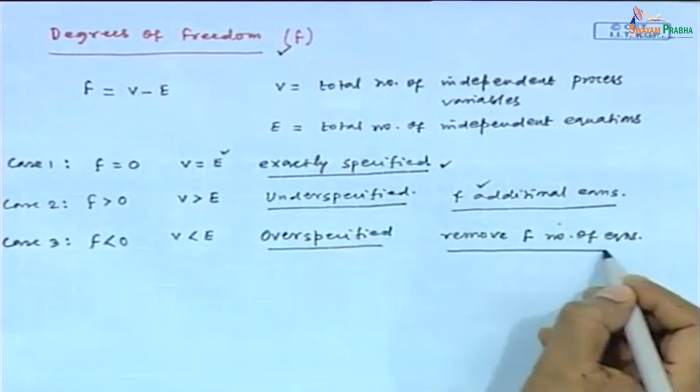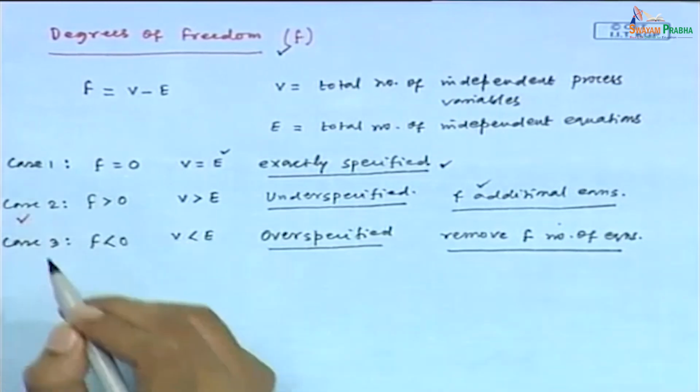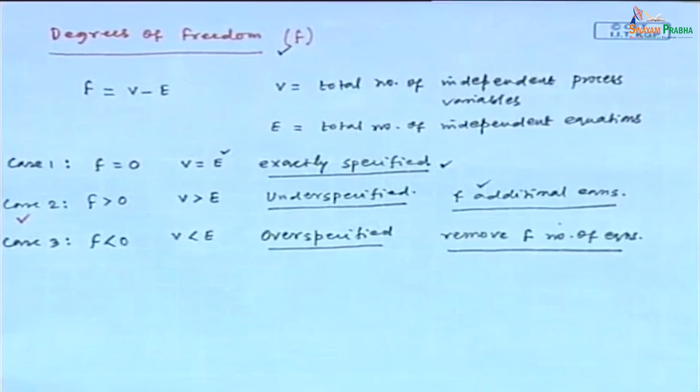So, to make the over specified system exactly specified, we need to remove F number of equations. Usually in practice, case 2 is the common. I mean, F greater than 0 is the common case in practice.